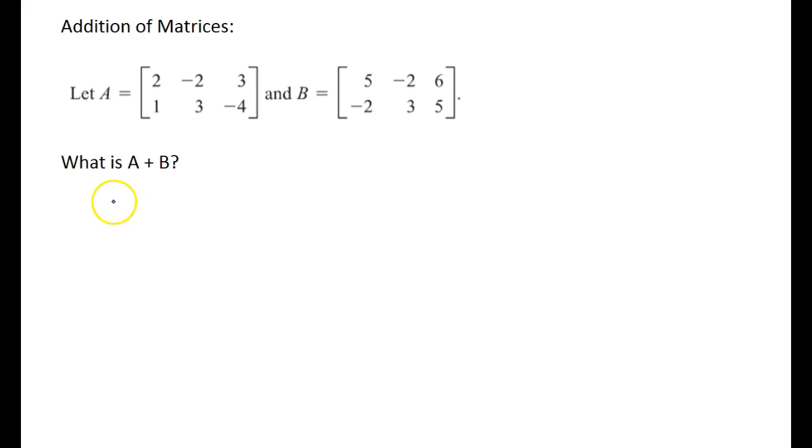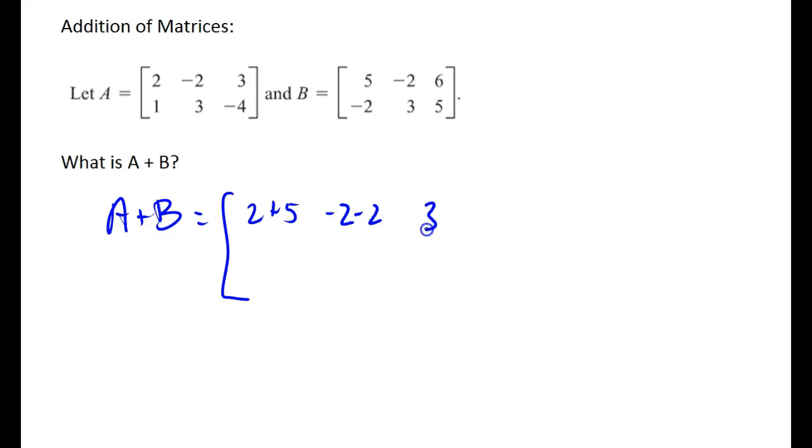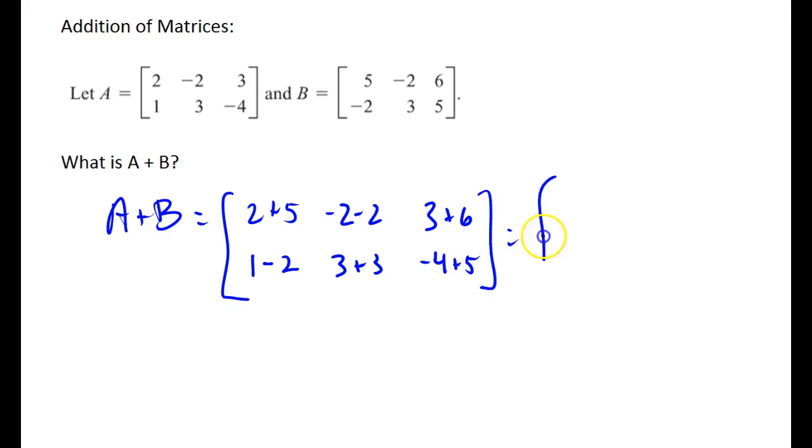So A plus B is going to be 2 plus 5, -2 plus -2, and 3 plus 6, 1 plus -2, 3 plus 3, and -4 plus 5. And when we simplify that, we're going to get 7, -4, 9, -1, 6, and 1.